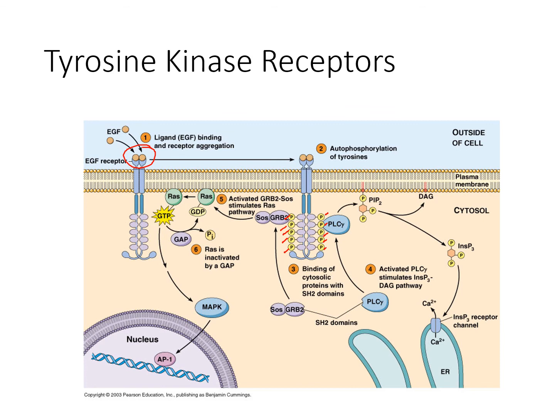And this will actually transduce the protein, which will convert the PLC gamma to become this PLC and make it active to convert this PIP2.